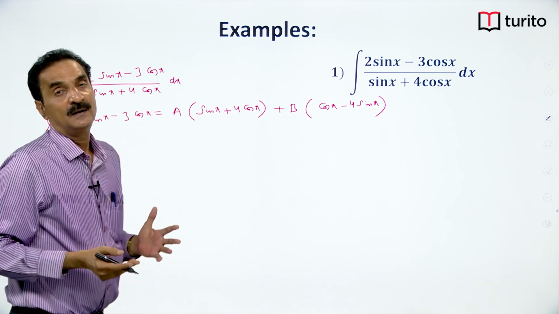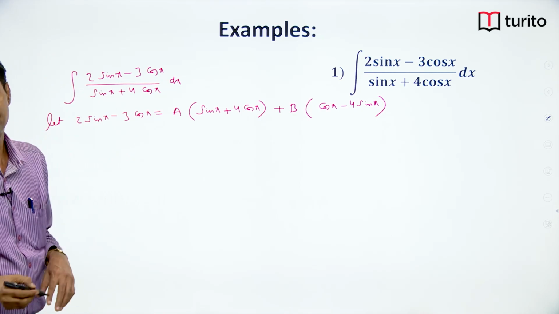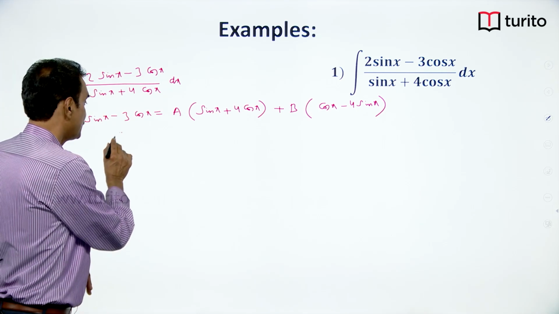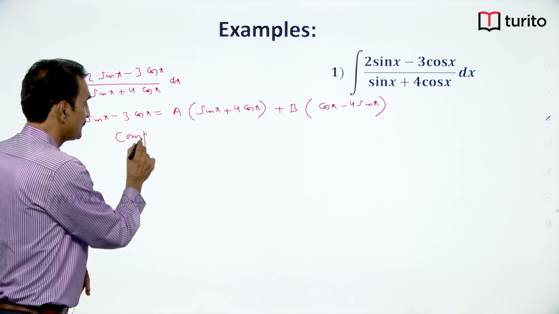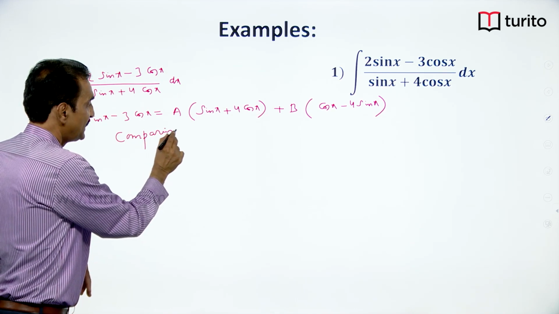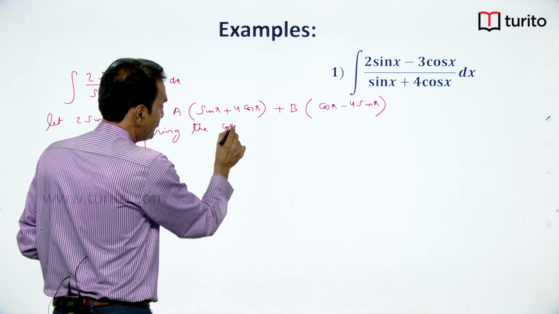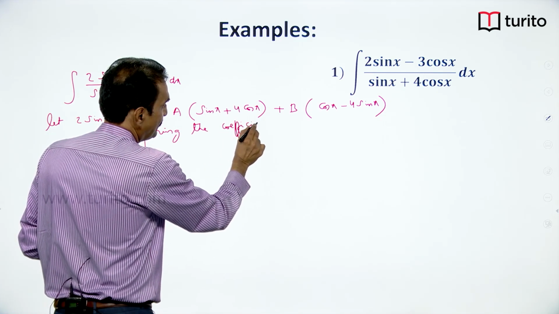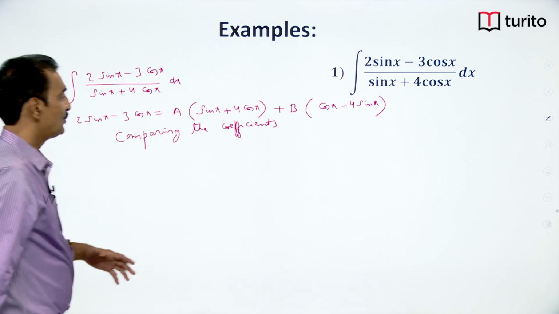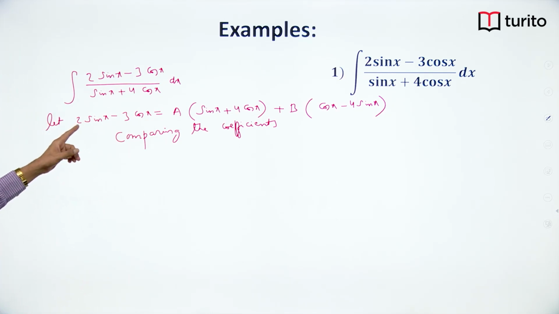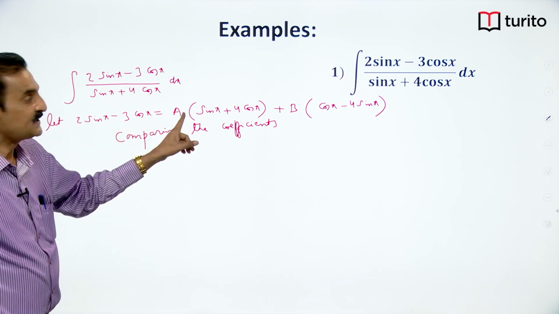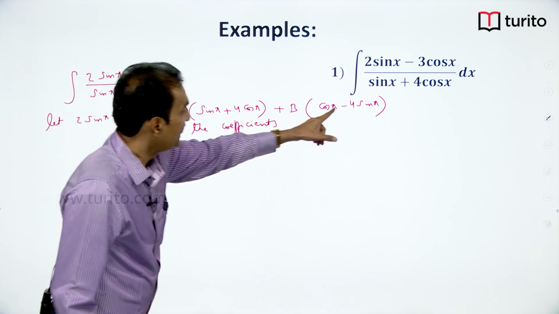Okay. Compare the coefficients. Comparing the coefficients, the coefficient of sin x in the RHS is a minus 4b.